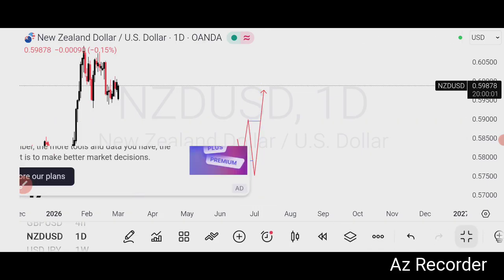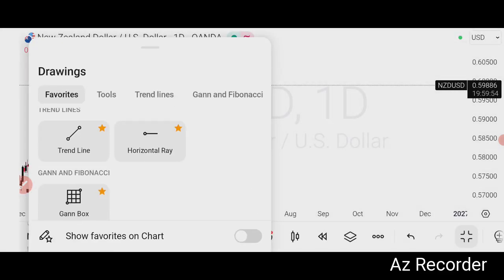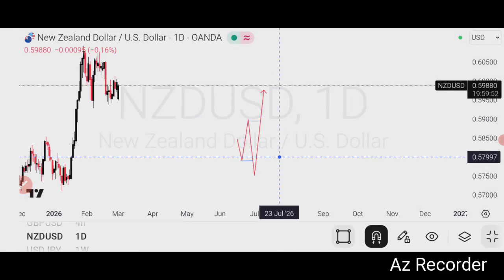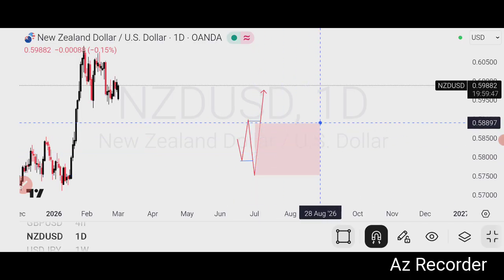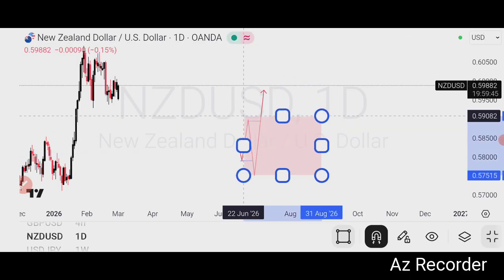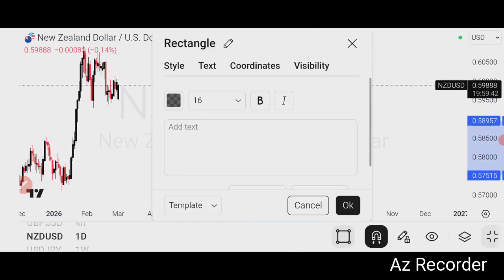So this entire zone where you have this is what is called your liquidity block.